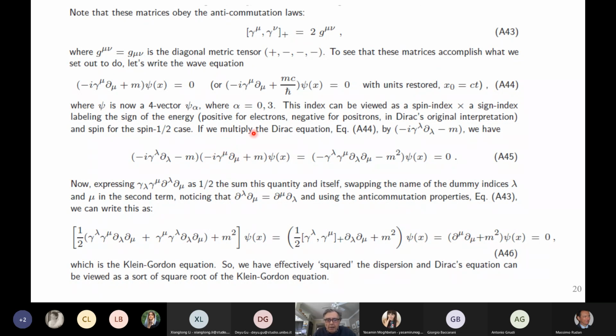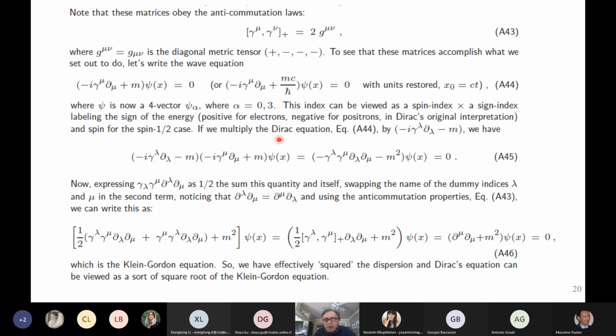And so the unknown now becomes a 4 vector. And that's where things get interesting. These 4 components can be interpreted as positive and negative energy solutions for particles which are described by a 2 vector. The 2 vector for the positive energy and the 2 vector for the negative energy solution. And the 2 vector clearly is interpreted as a spinor.